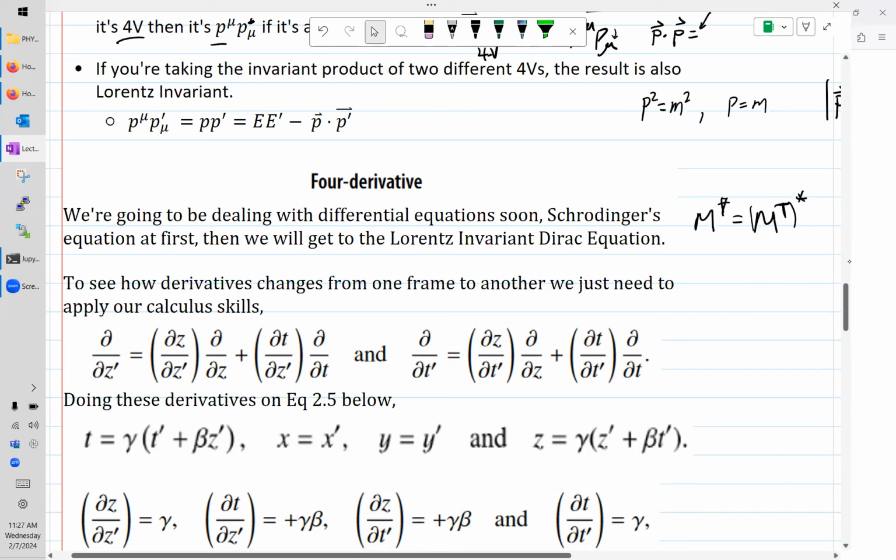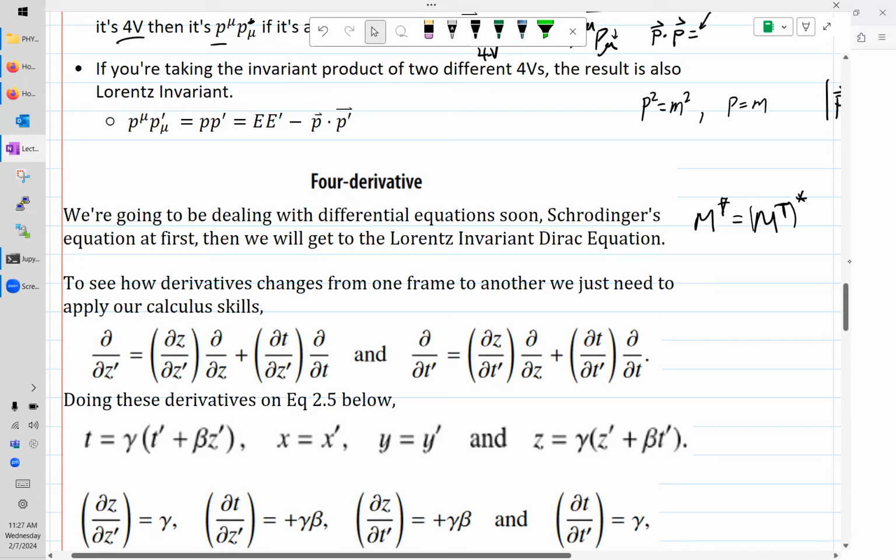The invariant product and what is the same? The 4 vector, but yes, they are the same thing. Different people will say different things, and even in this textbook, they will say different things at different times. For each type of object, there's only one scalar product you can make. That makes sense, at least.